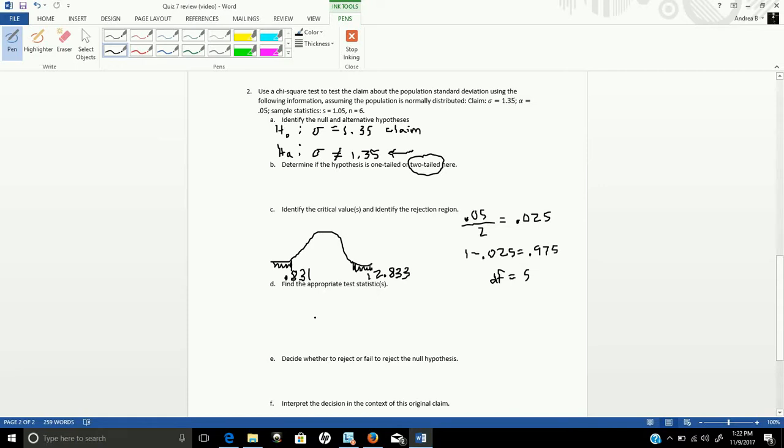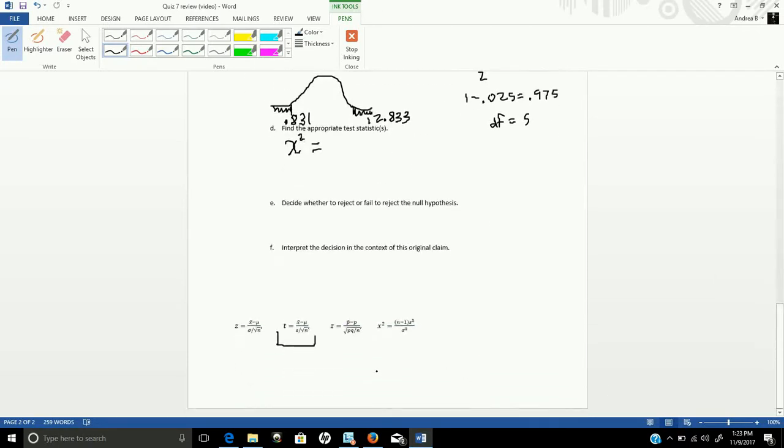And then we have to solve for our test statistic again, which remember the test statistic part is the formula. So here we have our chi-squared is going to be our test statistic value. And if we look at the formulas that I give you, we only have one of them dealing with chi-squared. It's that last one there.